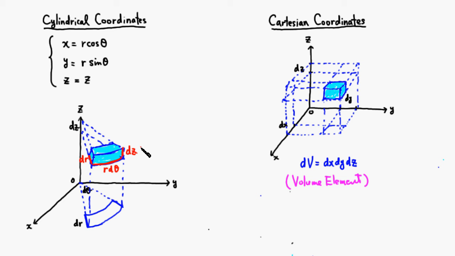So the volume element dV for this is going to be all multiplied together, so it's going to be r dr d theta dz. So that's the volume element for the cylindrical coordinate system. That's it. I hope that this was clear.